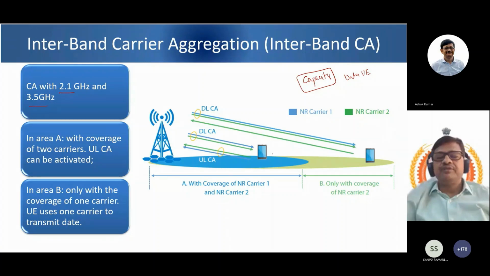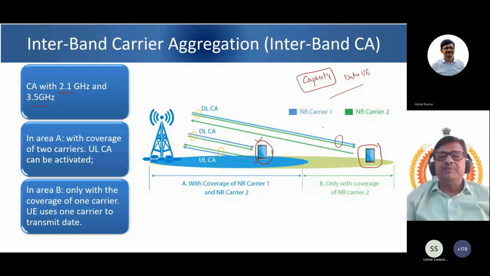If it is in this area, its capacity has doubled. It is using 2.1 gigahertz as well as 3.5 gigahertz in both uplink and downlink directions, so it is much better than having a single carrier. In this other area also, at least in the downlink direction, they are using carrier aggregation, so it is again better than plain vanilla without carrier aggregation.